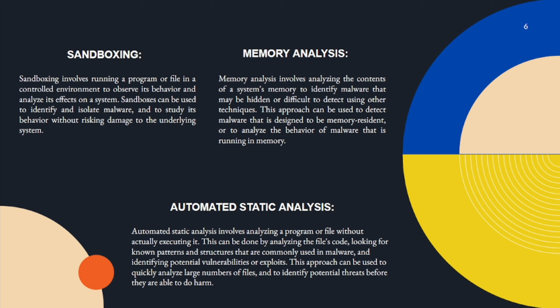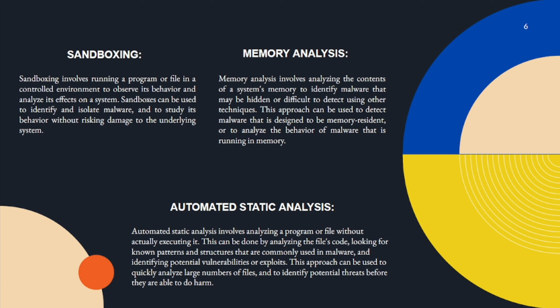Memory analysis. Memory analysis involves analyzing the contents of a system's memory to identify malware that may be hidden or difficult to detect using other techniques. This approach can be used to detect malware that is designed to be memory resident, or to analyze the behavior of malware that is running in memory. Automated static analysis.